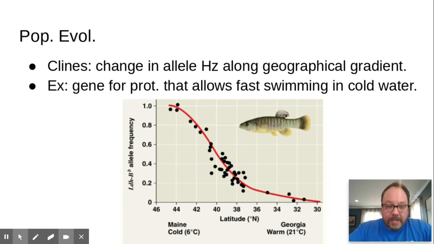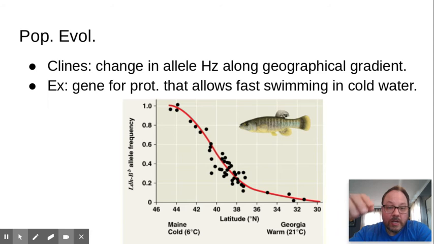Now, ways in which populations may evolve or change. One interesting example of this is a cline. So, versions of alleles may change along with geography, or a change in allele frequency can mimic that change that occurs in geography.